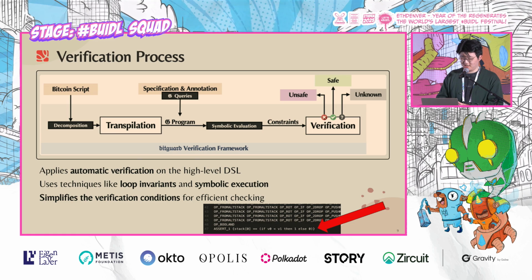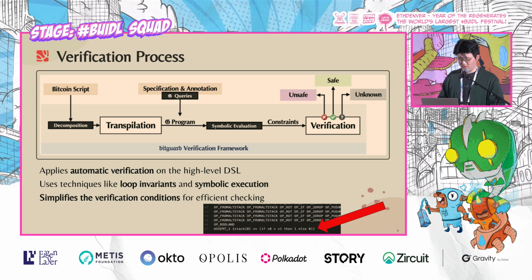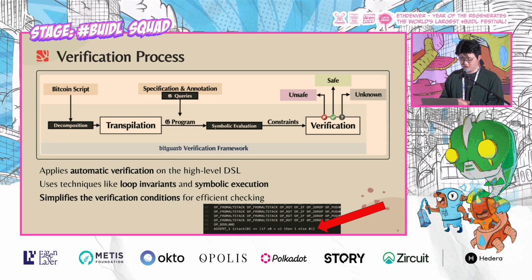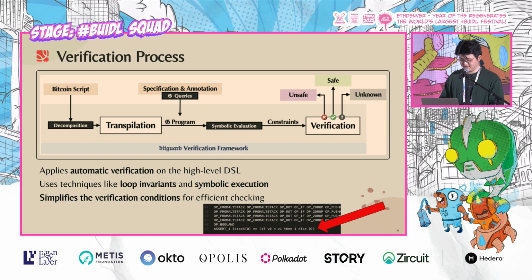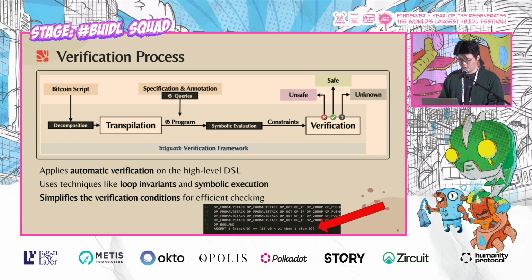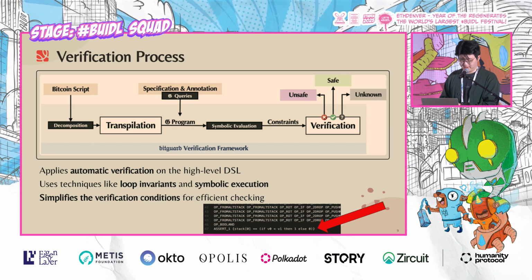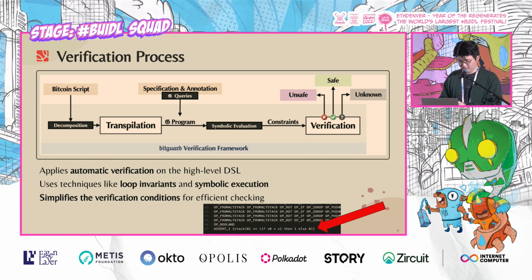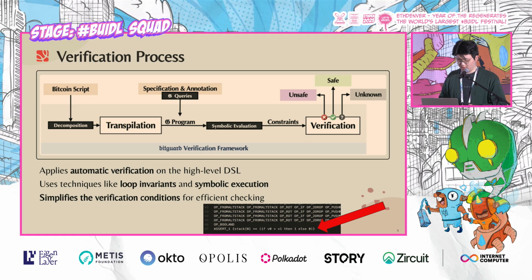And imagine you put in a giant Bitcoin script with millions of lines of code. Since there's no control flow, you need to unroll all the loops, and this would be a disaster for symbolic execution. So with loop invariants to summarize the behavior, the solving time can be much less than the vanilla way.